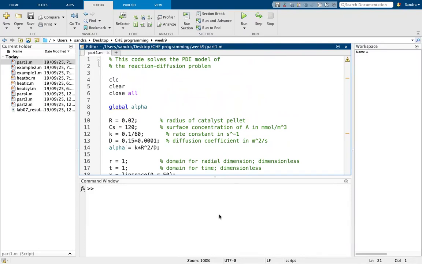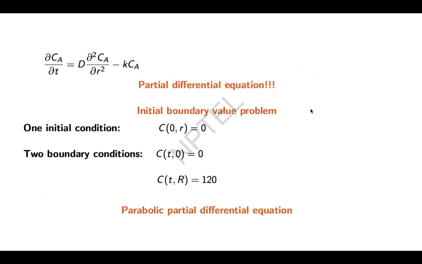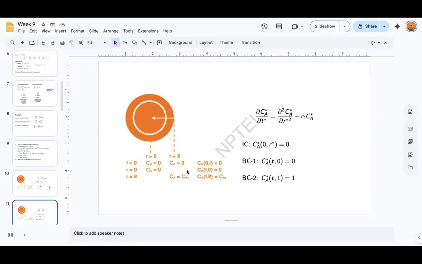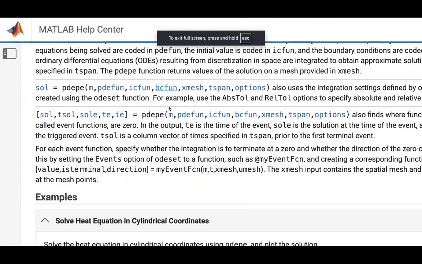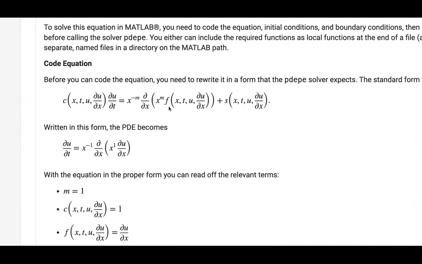So how do we compare that? Finally, this is the equation that we have. What is our M value? M value corresponds to the du by dt.